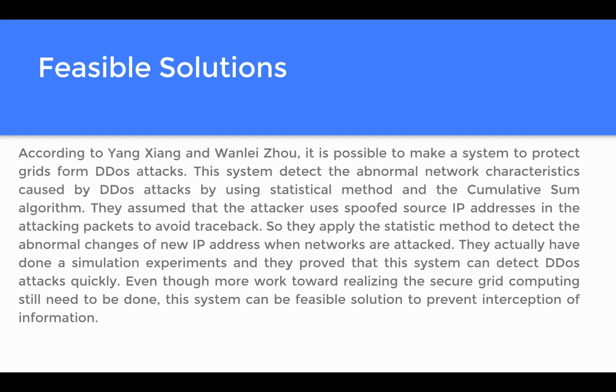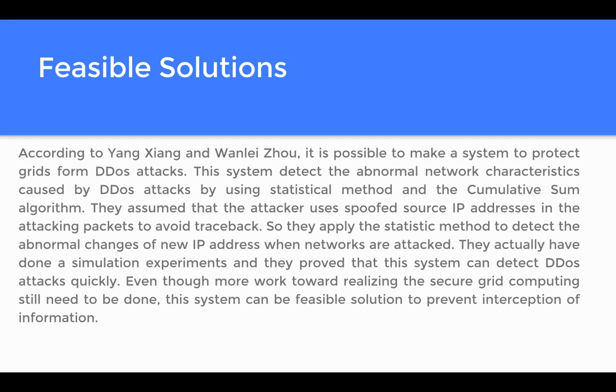They have actually done a simulation of these experiments before, and they proved that this system can detect DDoS attacks quickly. So even though more work towards realizing secure grid computing still needs to be done, this system can be a feasible solution to prevent the interception of information.